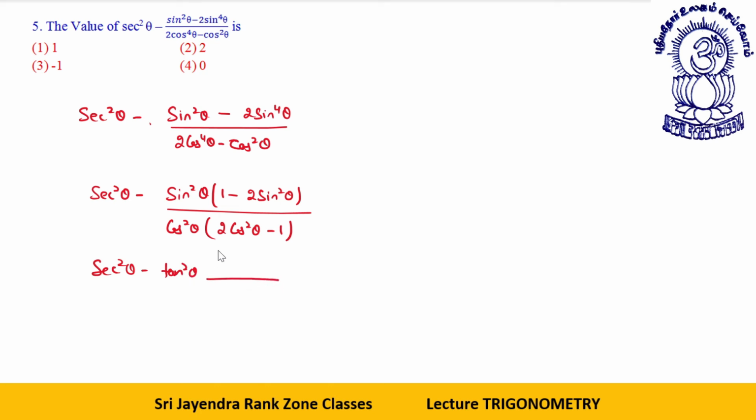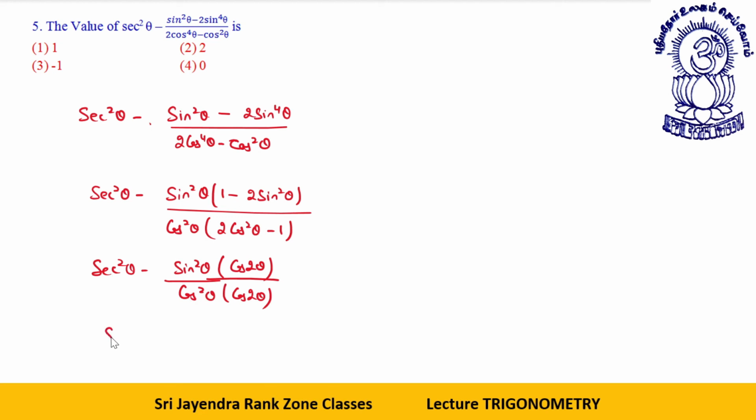Then let it be, I will do this later on. Then it is sine square, 2 sine square theta. 1 minus 2 sine square theta is cos 2 theta. Then it is cos square theta. 2 cos square theta minus 1 is again cos 2 theta.